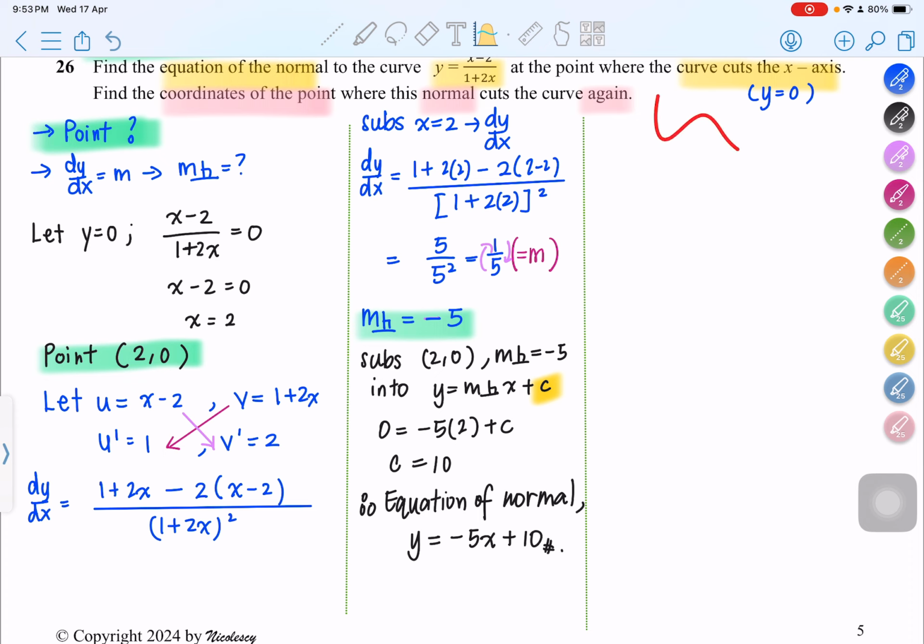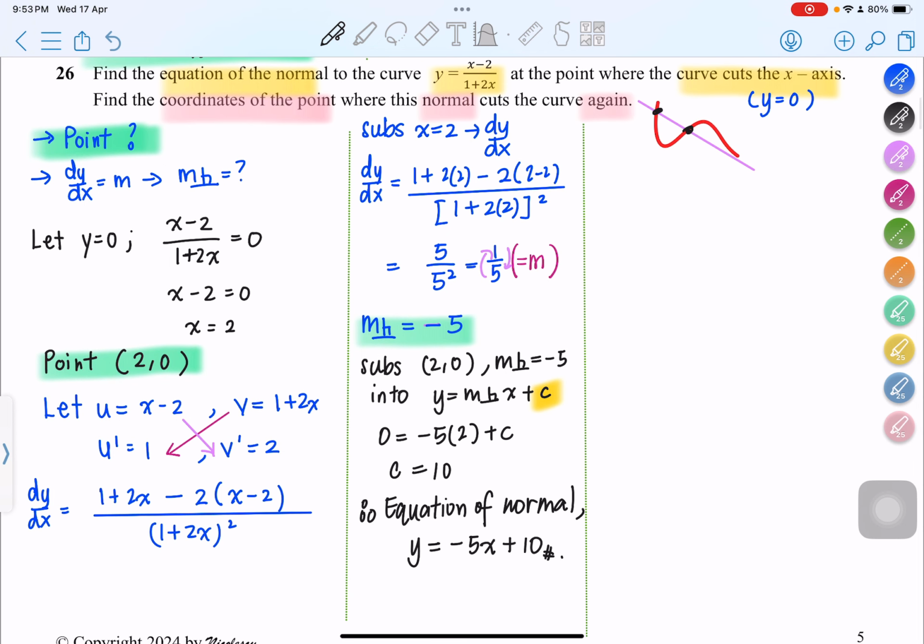We need to find where the normal will cut the curve again, either at this point or this point. We don't know yet, so we're going to find out. We set up my original curve equation as equation 1 and my equation of normal as equation 2.